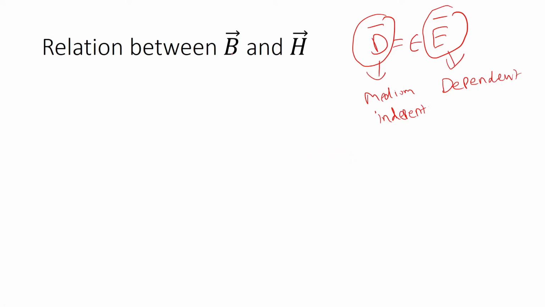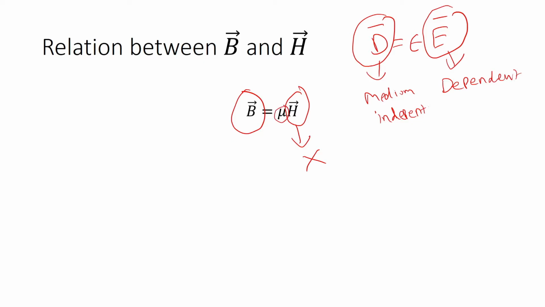Now, a similar relation exists between B bar and H bar, that B bar equals mu H bar. But the interesting thing here, the difference, is that H bar, as we have seen, is not dependent on medium. The magnetic field intensity is not dependent on the medium, whereas the magnetic flux density is dependent on the medium.